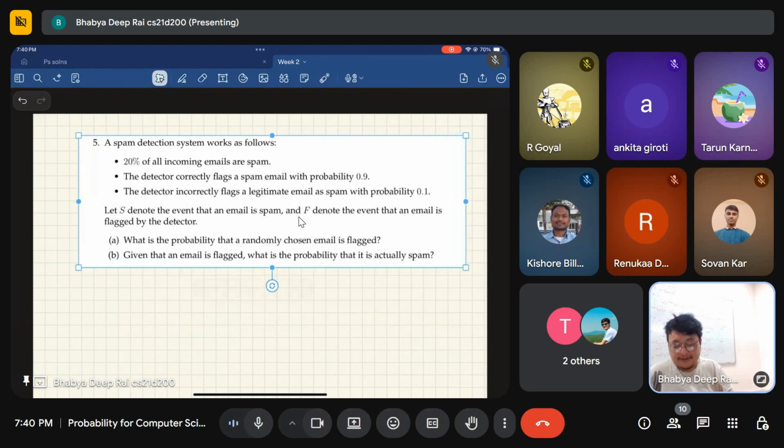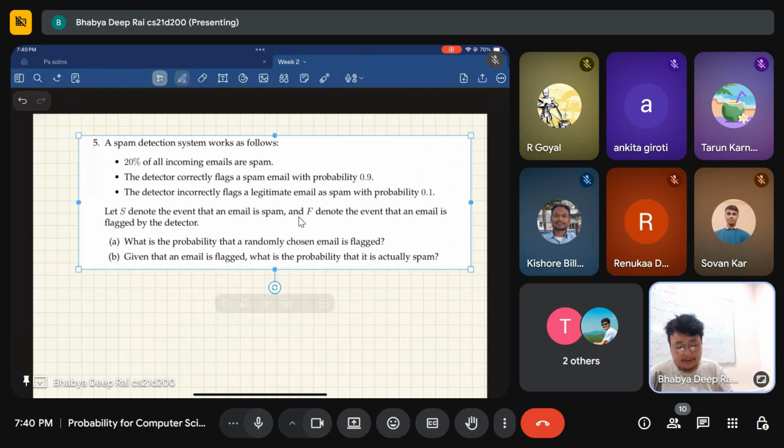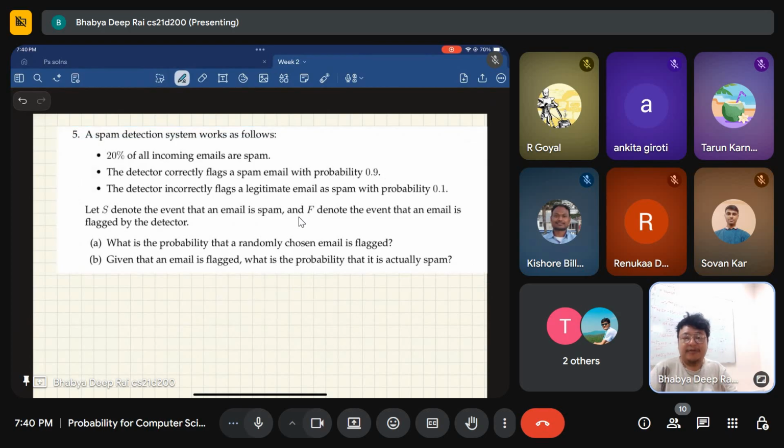So here's another question which we can solve using Bayes theorem. A spam detection system works as follows. 20% of all incoming emails are spam. The detector correctly flags a spam email with probability 0.9.